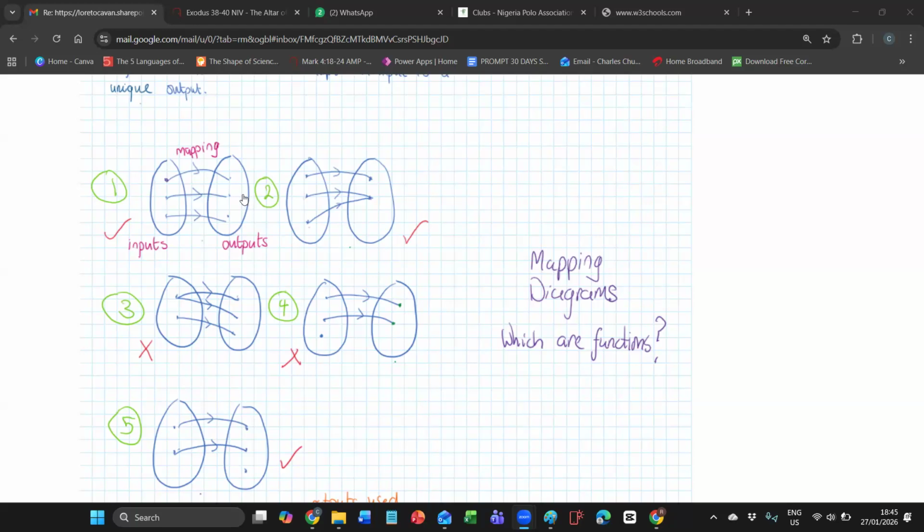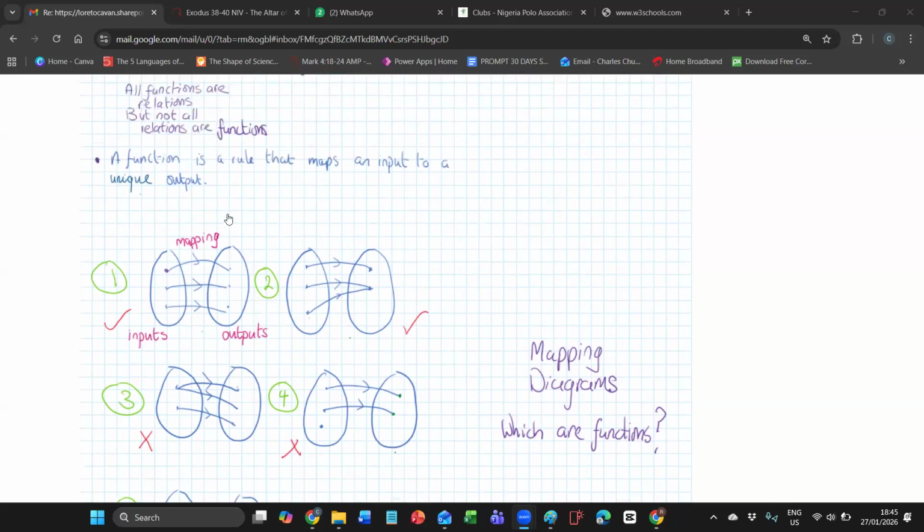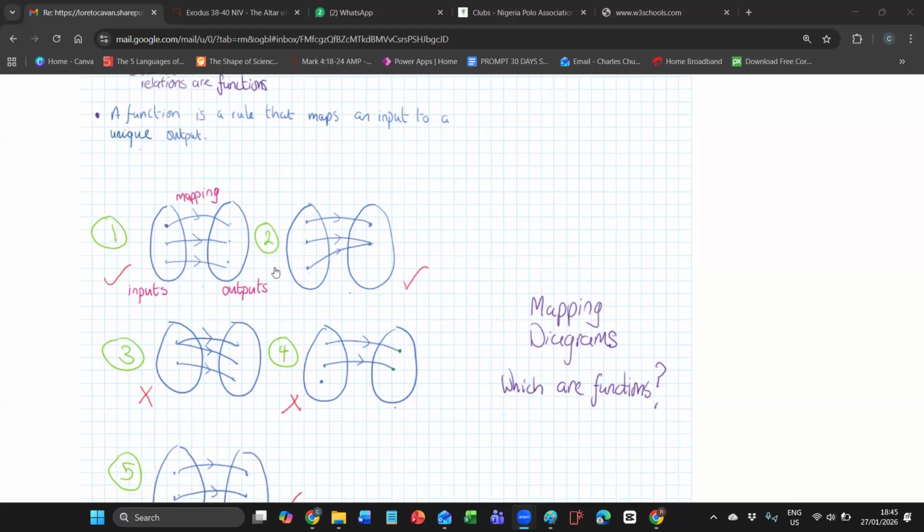That agrees with the definition, an input to a unique output. If you look at the second one, it appears that two different inputs are being mapped to a particular output. Well, it still passes the test in a way.